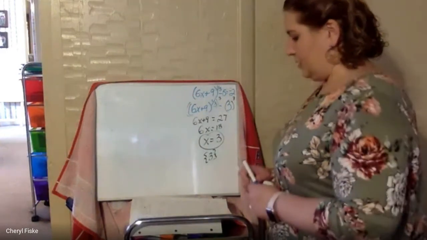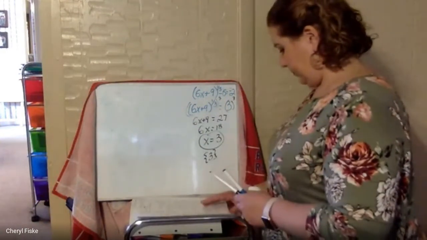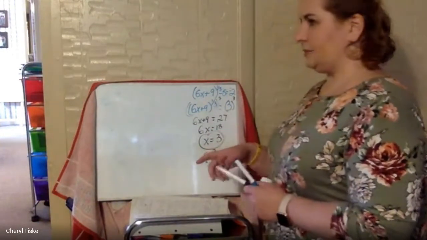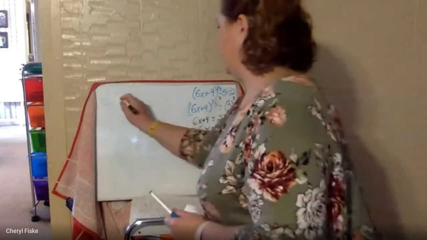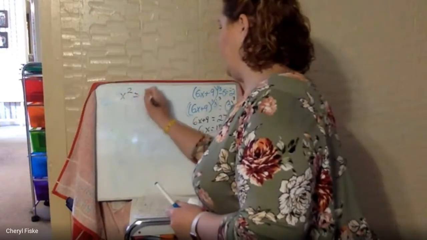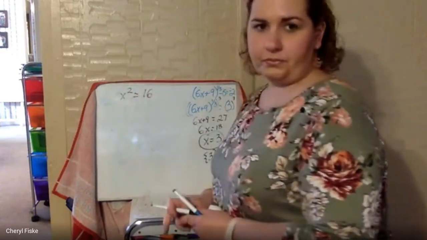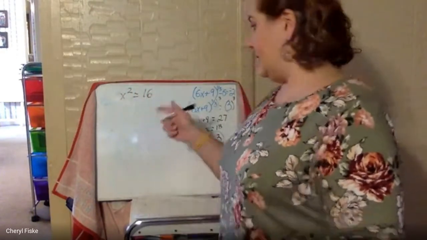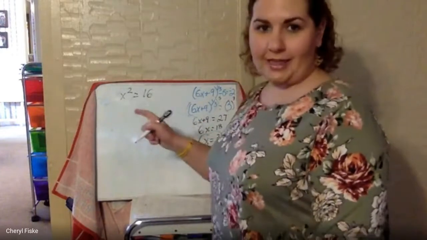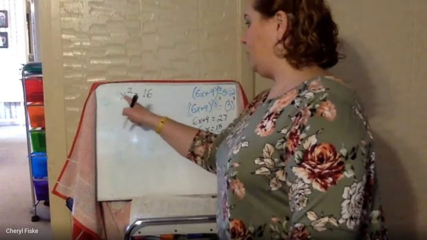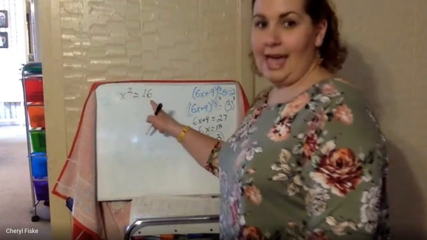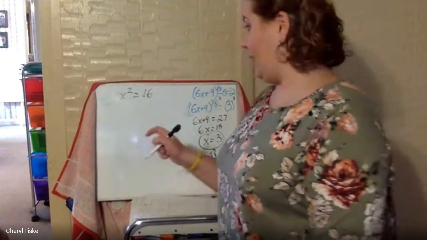Okay, let's do the challenge. So the challenge is when you have x squared equals 16. What squared is 16? Right? We've talked about this before, that there's 2 answers. And there's 2 answers because 4 squared is 16 and negative 4 squared is 16.